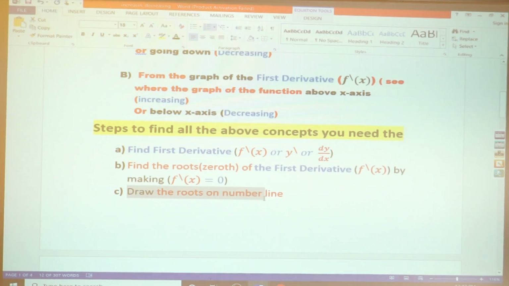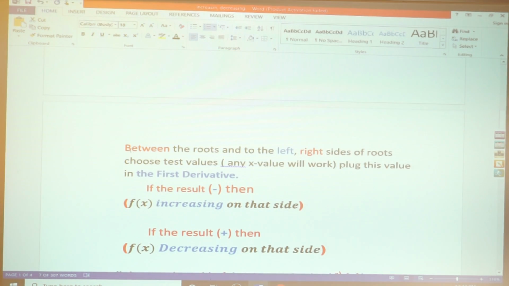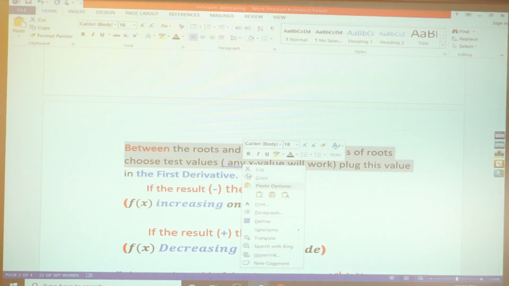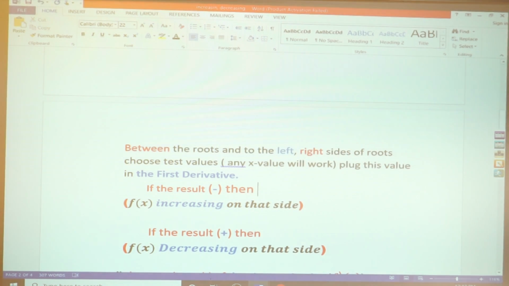Draw the roots on the number line. Between the roots and to the left and right side of the roots, choose test values. Any x value will be good. We have no obligation on which value you choose. Plug this value in the first derivative. If the result is positive, then the function is increasing on that side.